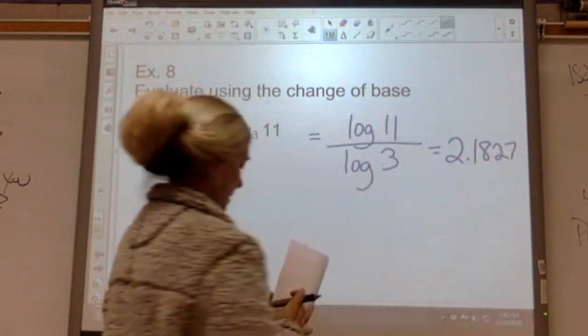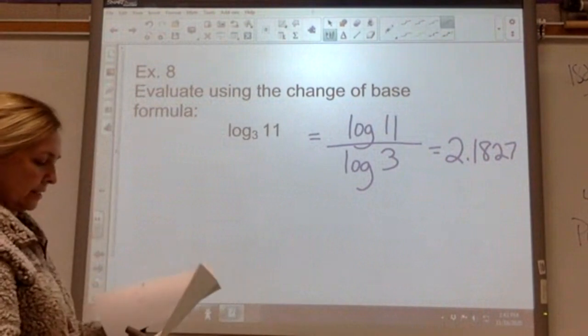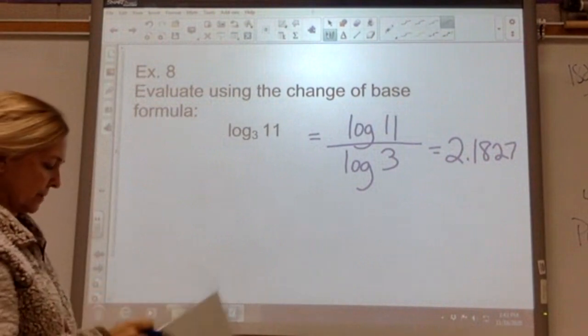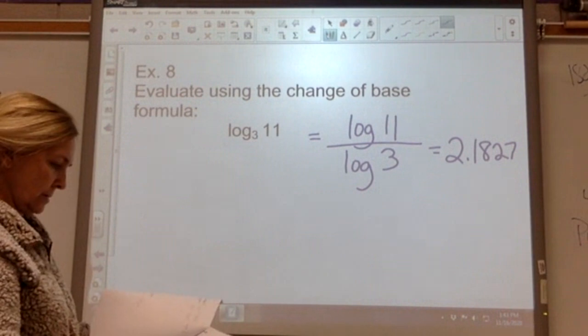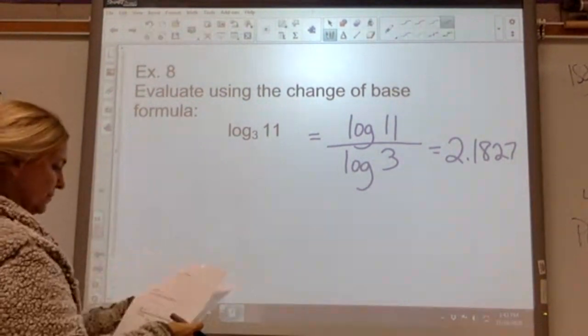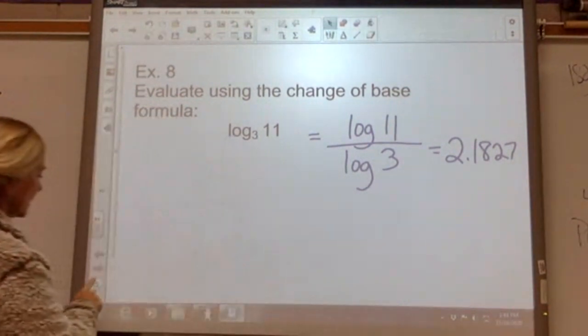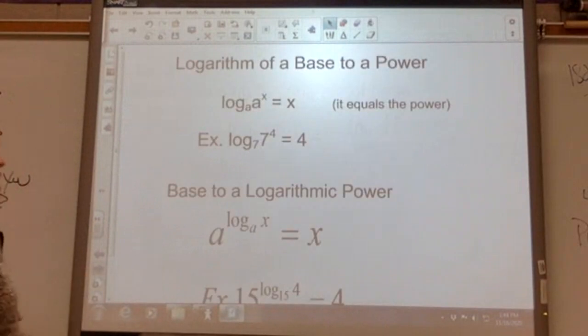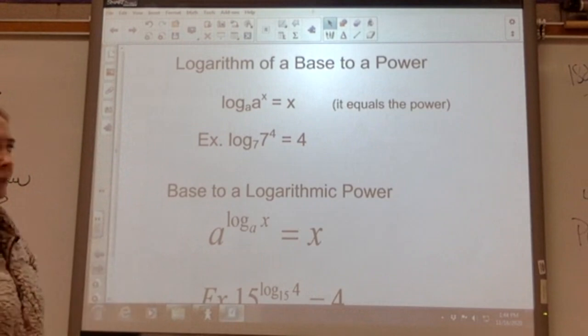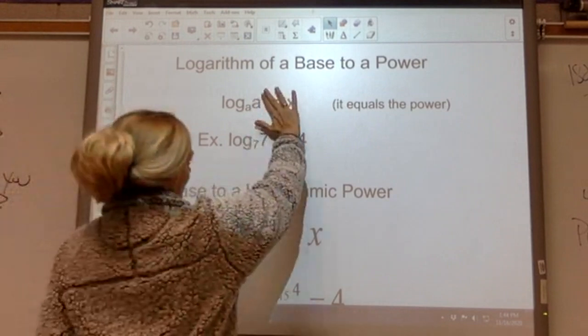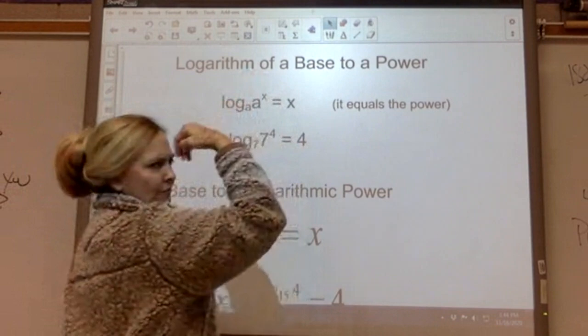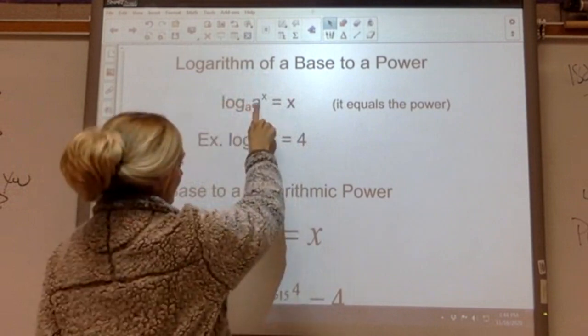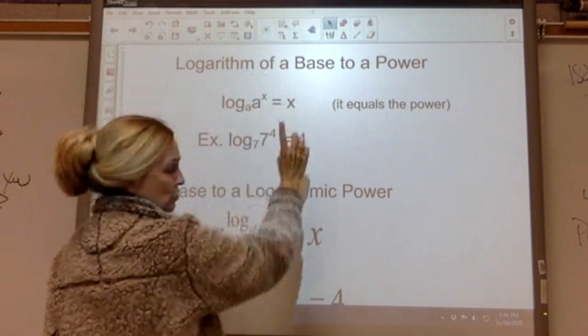All right. Now, I'm thinking I skipped something I wanted to say. All right, it's this part. Remember how I told you when we learned in section 5.3 that log base a of a, when these are the same, the answer was just 1.